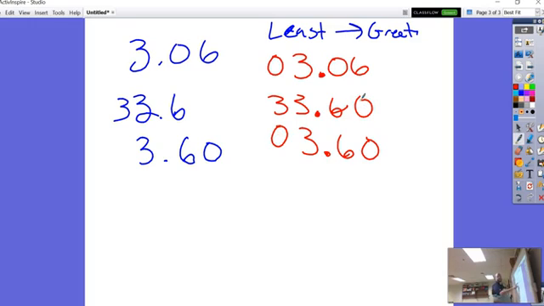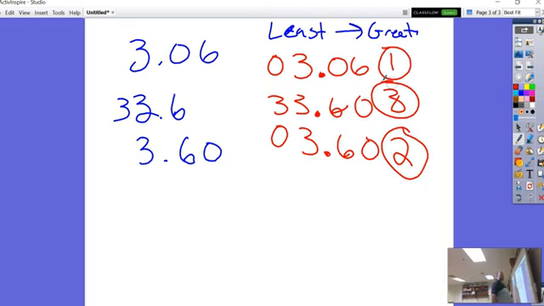Now, 33 is obviously not the least, so that one's going to be last. I have 3.06 and I have 3.60. I would rather have $3.60 over $3.06. So this is going to be my least, then this one, and then this is my greatest. If you can relate this stuff to money, that's how you make decimals super easy. That's another strategy you can use.